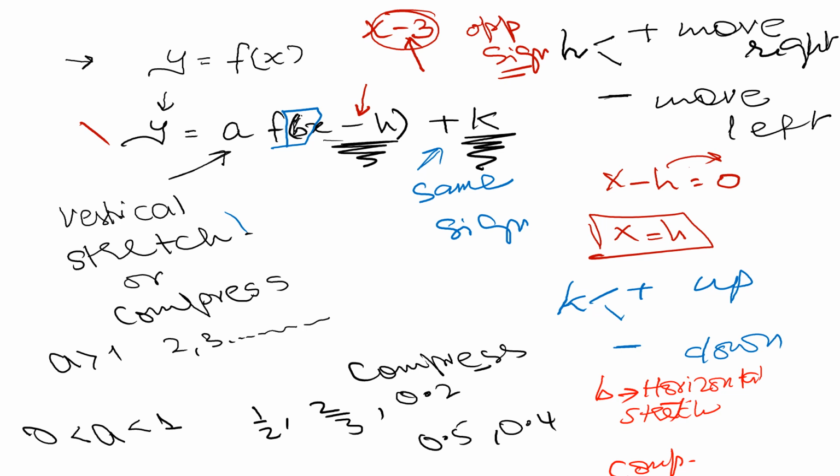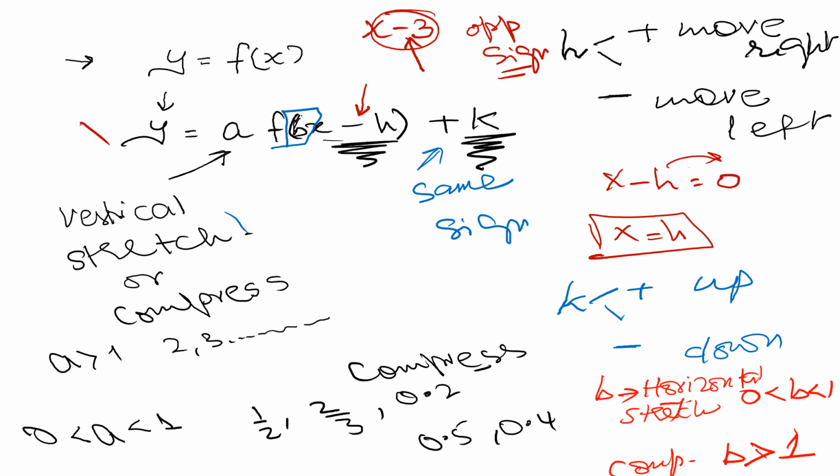So if a is greater than 1, it is a vertical stretch; if b is greater than 1, it is a horizontal compress. If a is between 0 and 1, it is a vertical compress; if b is between 0 and 1, then it is a horizontal stretch.